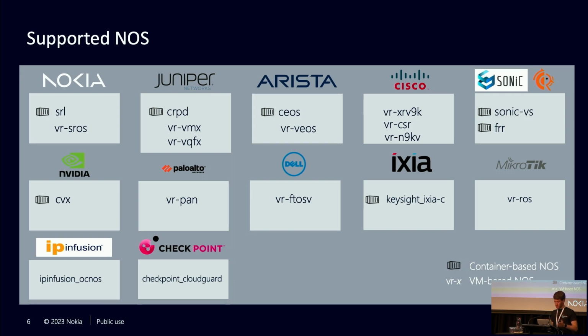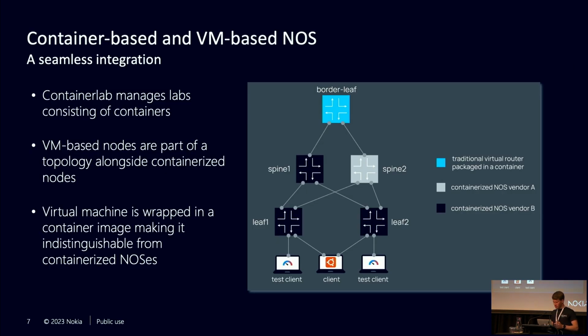Container-based NOSes, in this case, means that originally those NOSes are based on containers. And for the VM-based network operating systems, we are using a little trick. This trick relies on a GitHub project called VRNetLab. And this project helps you wrap a VM inside a container.